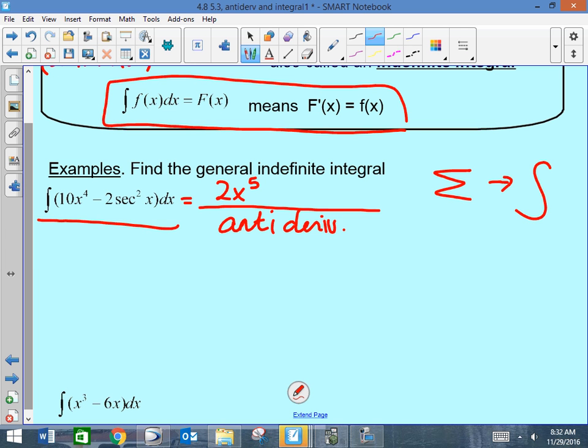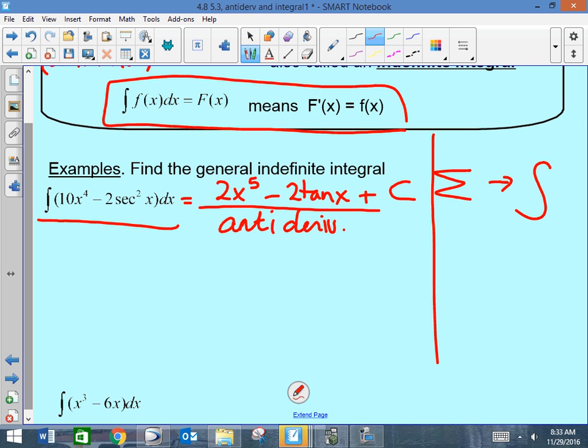Is it plus or minus? Minus 2 tangent x. The derivative of tangent is secant squared, the 2 is a constant. Very good. And what's the third term? Emma. C. Okay, so that is the general antiderivative, and yes, you need to include that C.